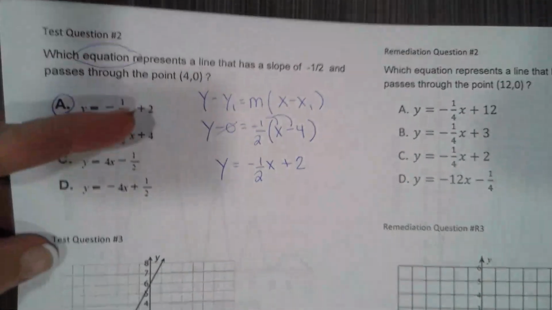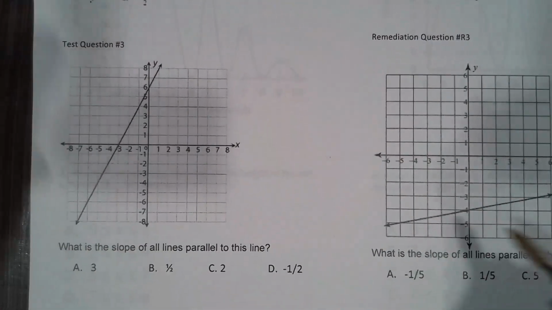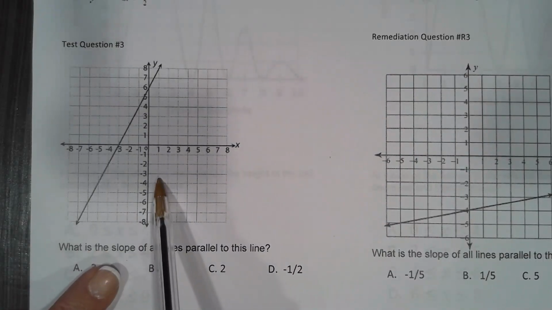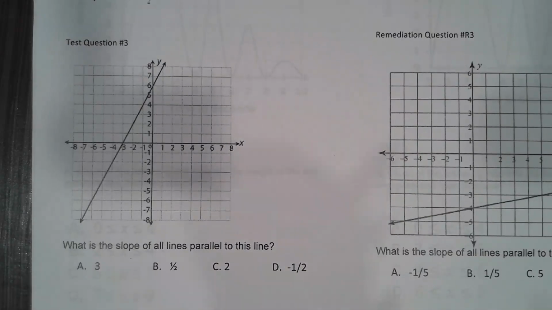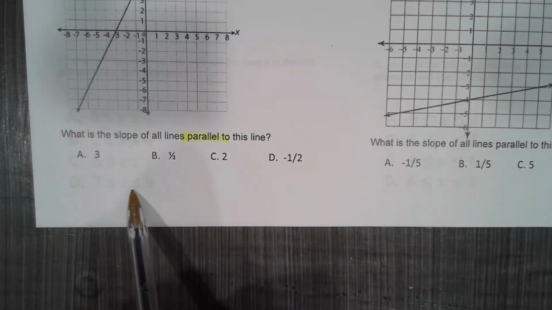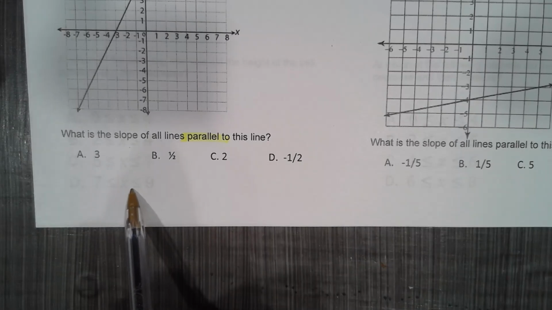All right, at the bottom, they give us a graph, and they say, what is the slope of all the lines parallel to this line? Well, first of all, we got key phrase here, parallel. If you are listening, I want you to write right underneath here, parallel lines have the same slope.